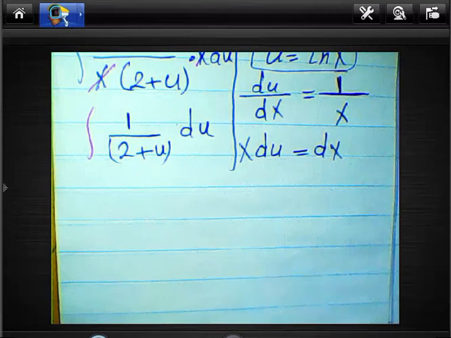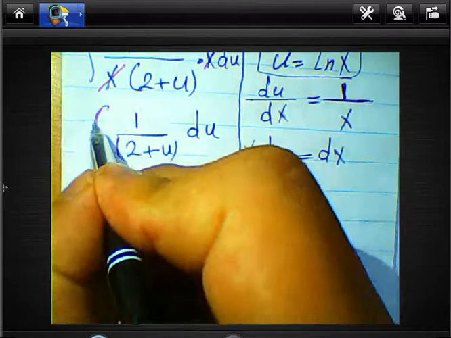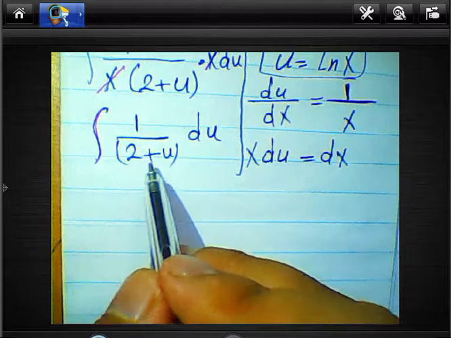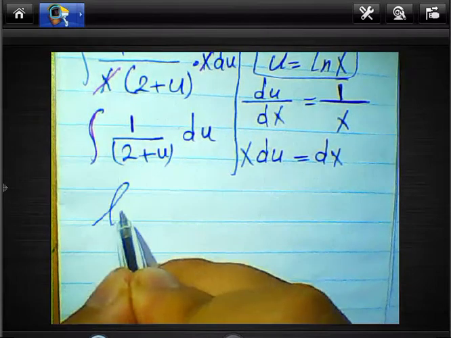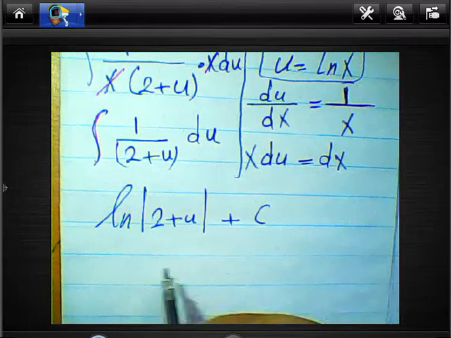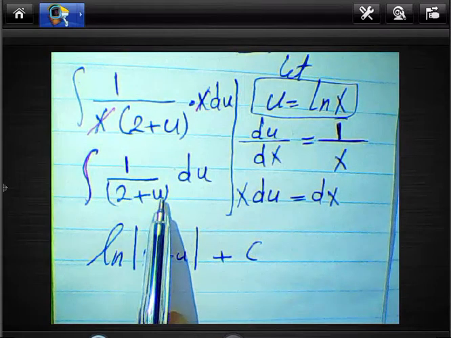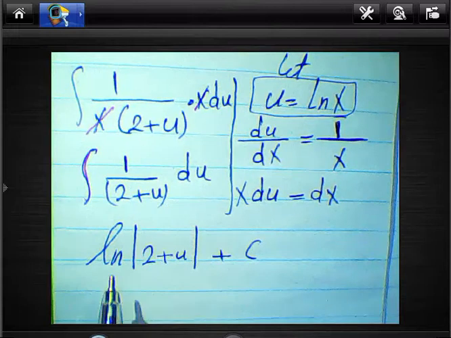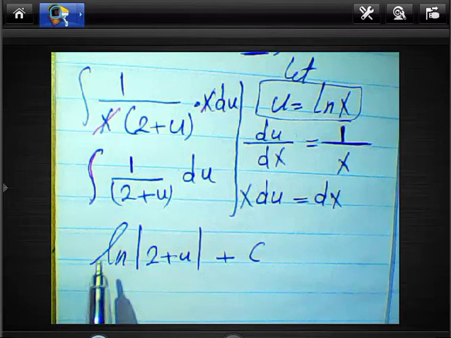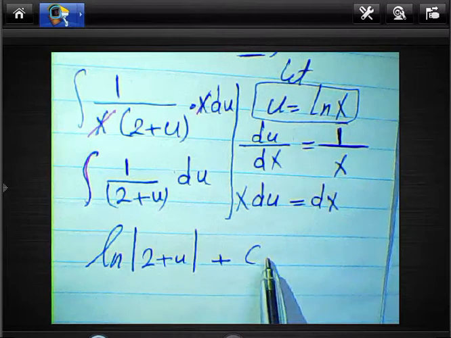We can write 1 over 2 outside here, and we can add ln because the numerator is the derivative of the denominator, so we write ln absolute value 2 plus u plus constant. Again, we know the numerator 1 is the integral of u, whose derivative is 1. So the numerator is the derivative of the denominator, so we must write ln absolute value of the denominator plus constant.